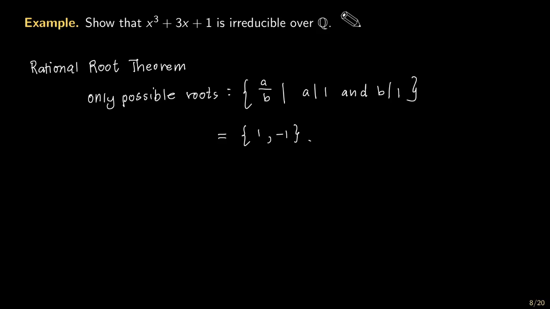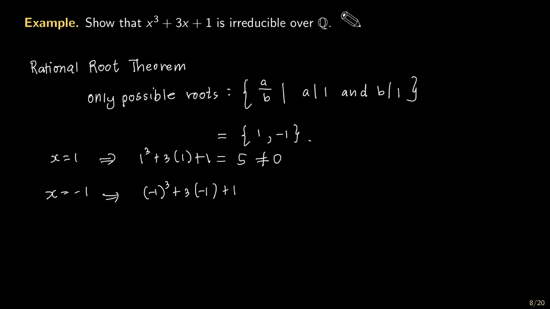But by directly substituting, if you evaluate the polynomial at x equals 1, you get this. Is this 0? No, this is 5, not 0. For x equals negative 1, you get negative 1 cubed plus 3 times negative 1 plus 1, which is negative 1 minus 3, negative 4, plus 1, which is negative 3.